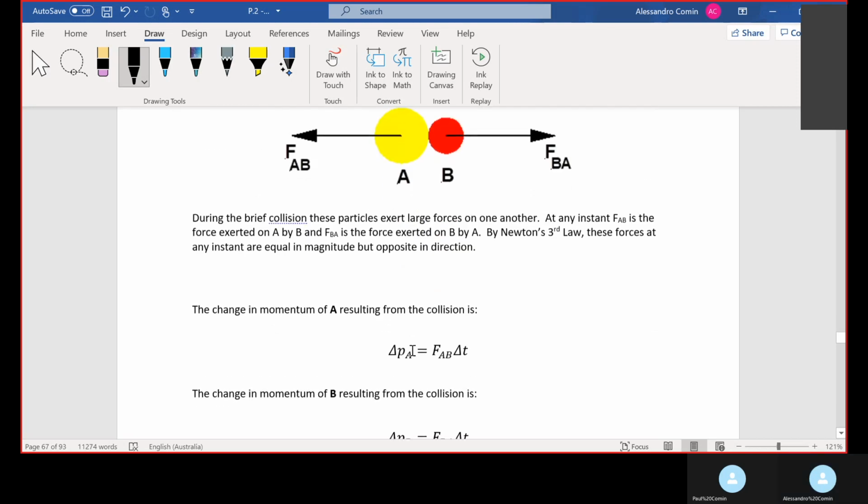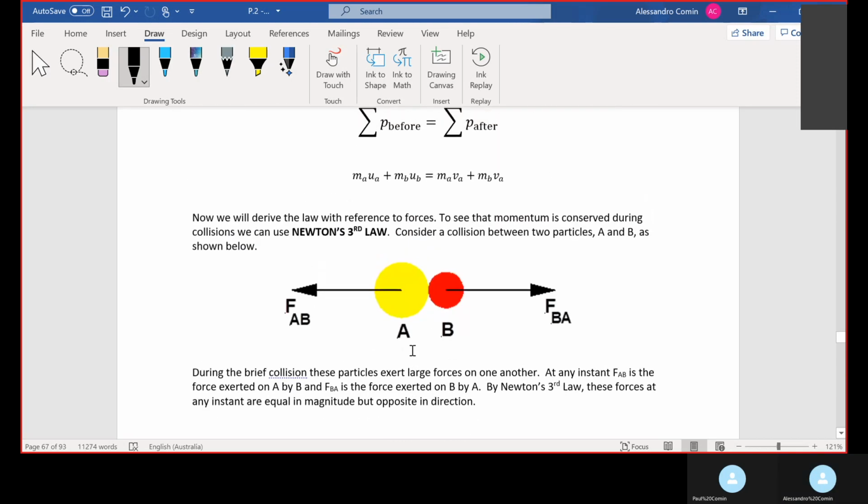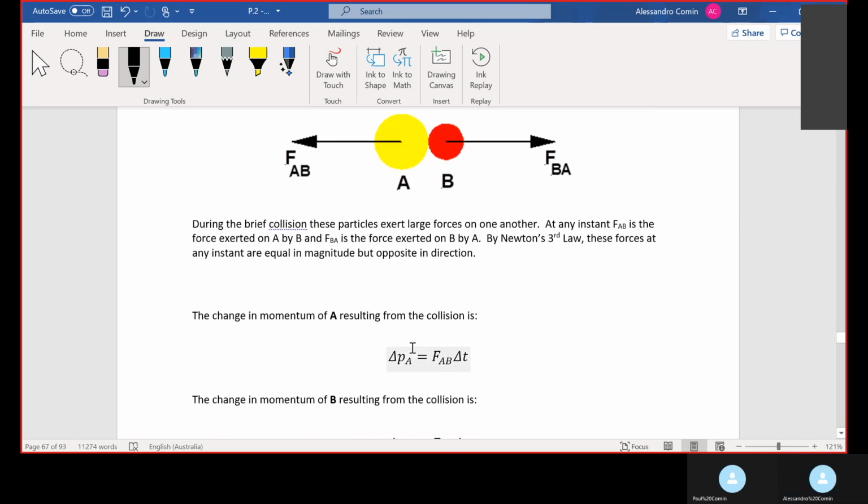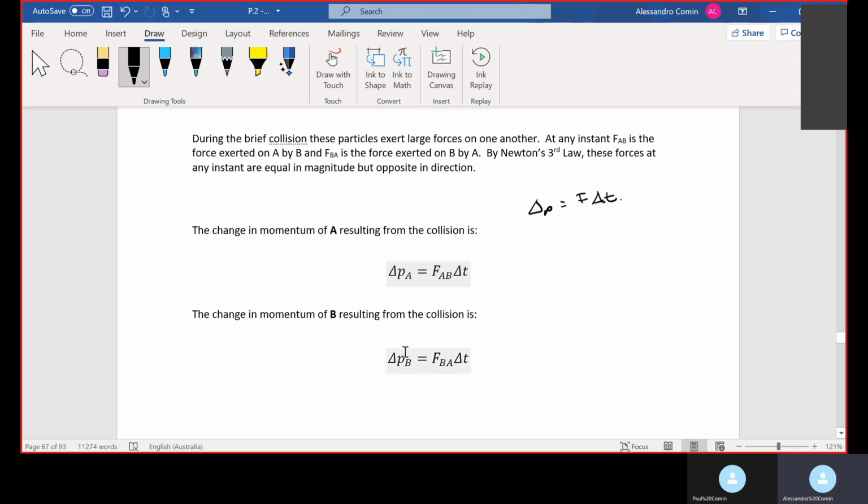So when A and B collide, through delta P equals F delta T, the change in momentum of A is going to equal the force of A on B times delta T. And hence, the change in momentum of B is going to equal the force of B on A times delta T, because it's a collision.